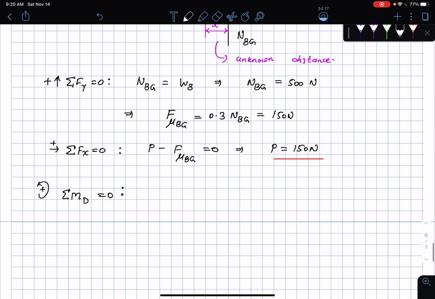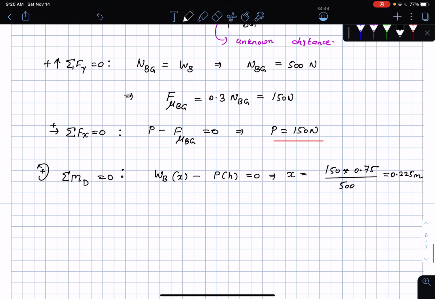So X is equal to 150 times H, which was 0.75, divided by the weight, which was 500 newtons. After doing the calculations, this comes out to be 0.225 meters.